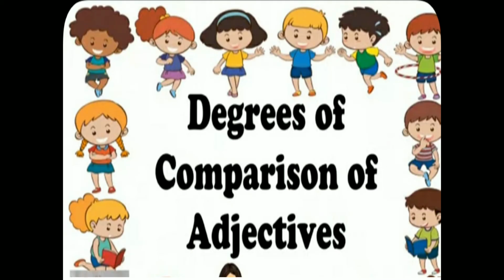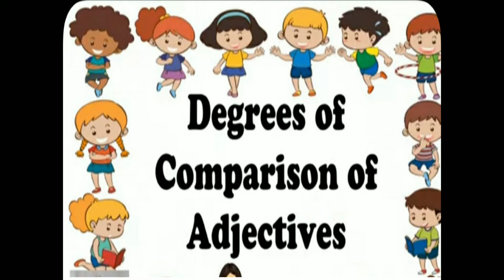Today we are going to start with a new chapter in grammar, that is comparison using adjectives, or you can say degrees of comparison of adjectives. First of all, students, let's see what is comparison of adjectives. An adjective of quality changes its form when it is used to compare one noun with another.